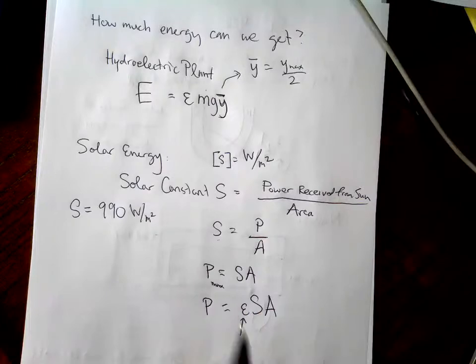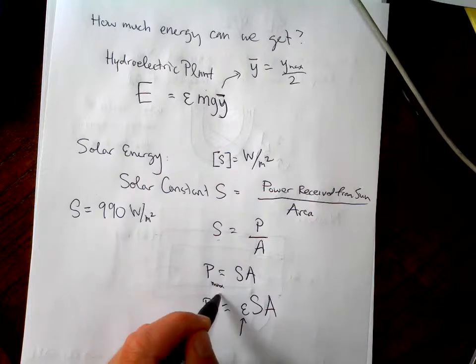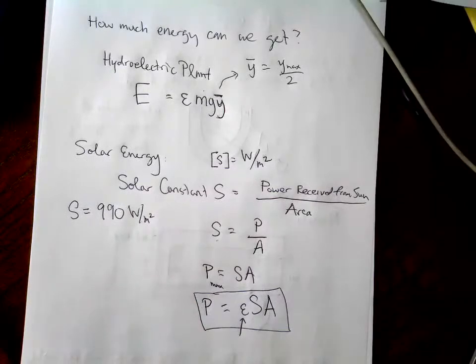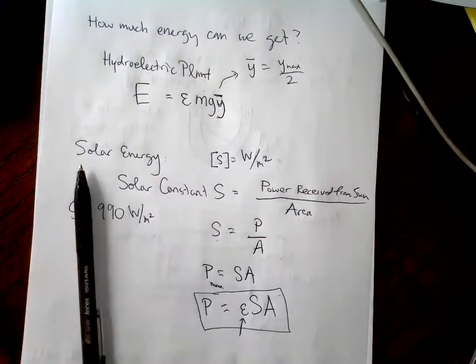The solar constant is affected by things like weather, okay? So at any rate, this is the energy you can get from a solar panel. I encourage you, if you have a house that has solar panels, to use this equation and try to estimate how much power you can get from your own solar panels.